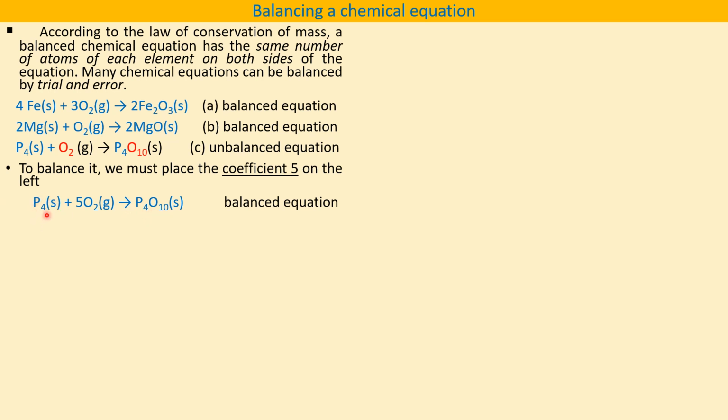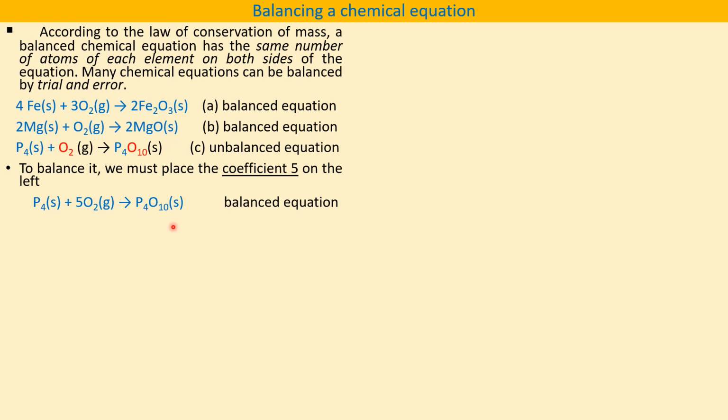There are 4 atoms of phosphorus on the left side as well as the right hand side, and similarly 5 into O2 on the left hand side and O10 on the right hand side. Hence this is a balanced equation.